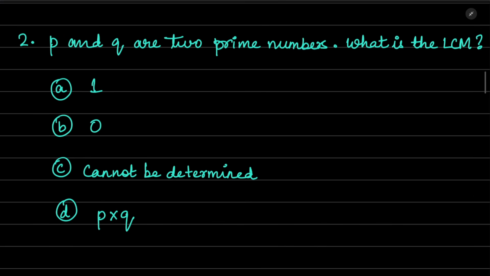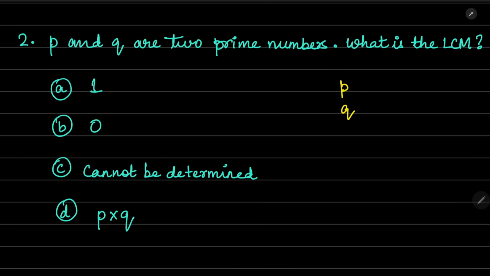You are given P and Q are two prime numbers. What do you mean by prime numbers? Numbers that have only two factors, that is 1 and itself. What is the LCM? Whenever you have two prime numbers, say P and Q, you cannot do the prime factorization of prime numbers.